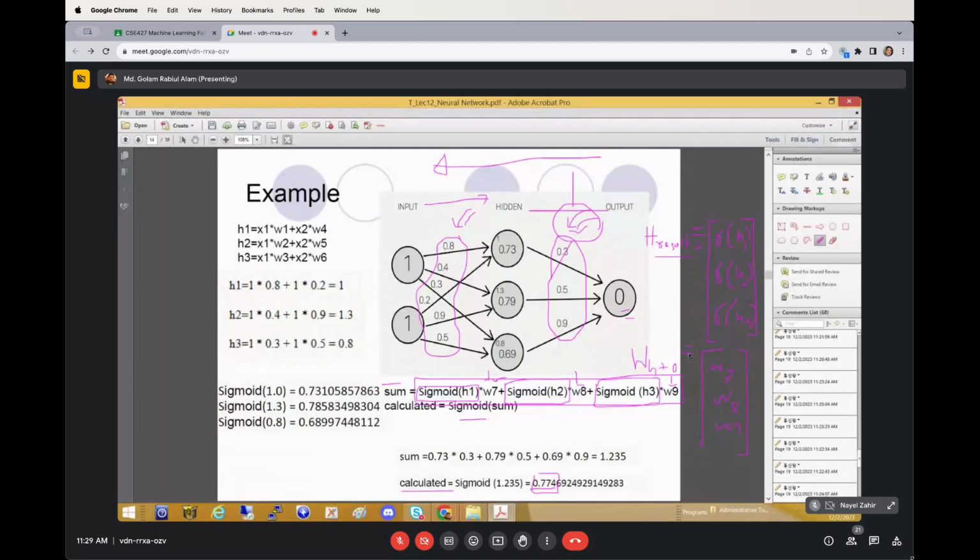So first it will be sigma H1 times W7, then sigma of H2 times W8, then sigma of H3 times W9.